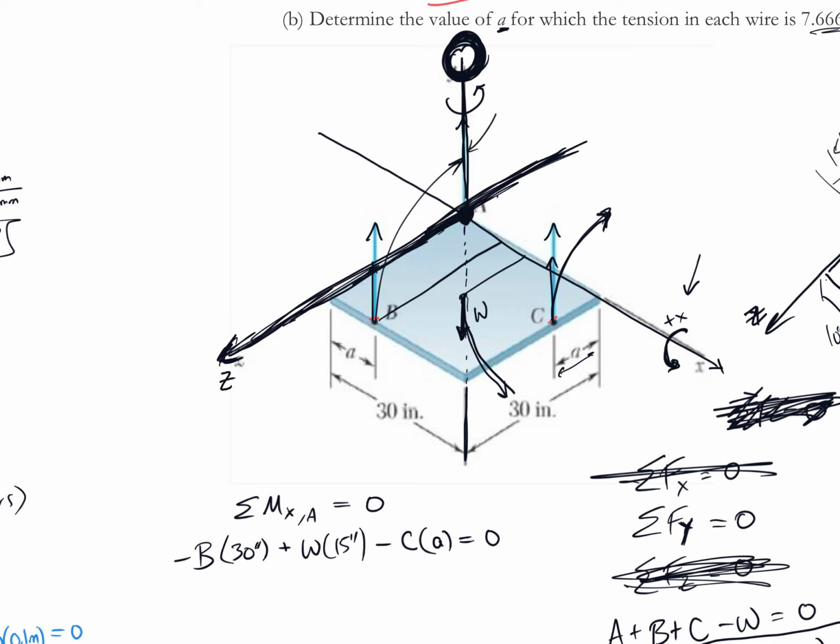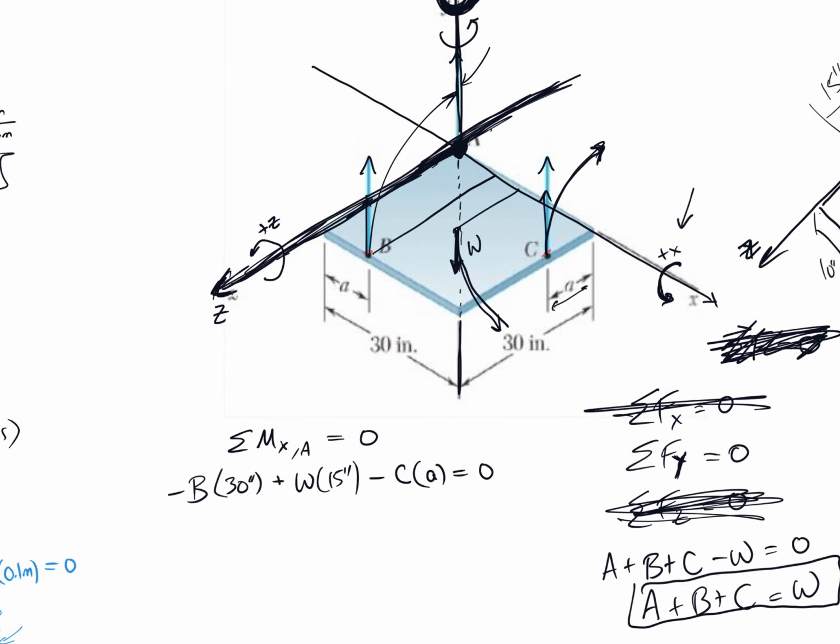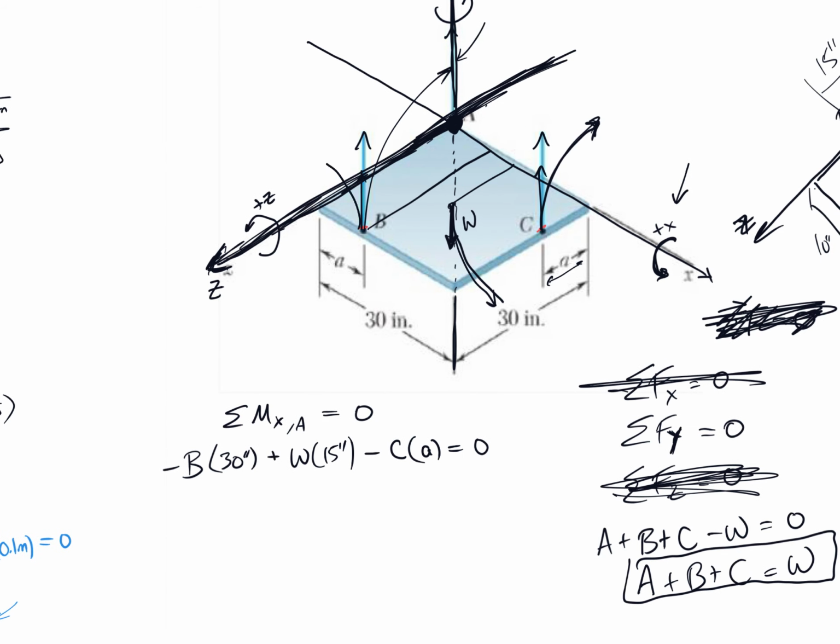That means if I put my thumb in the z direction, my fingers are going to be curling over the top like this, so that's a positive z moment. Hopefully you can see that B is going to be going positive, C is going to be going positive, and W is going to be going negative, relative to that axis.